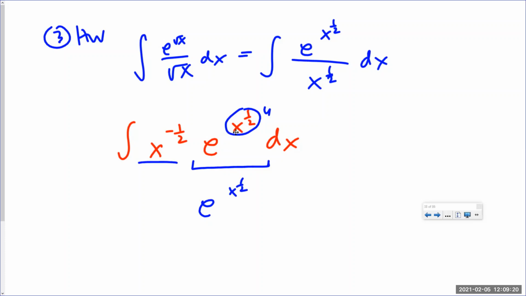What's the derivative of x to the 1/2? 1/2 x to the subtract 1, so that's negative 1/2. Do your x's cancel out? What do you have left? Be careful. You have a divide by 1/2 left, but if you divide by 1/2, you're really multiplying by 2, and there is my answer.